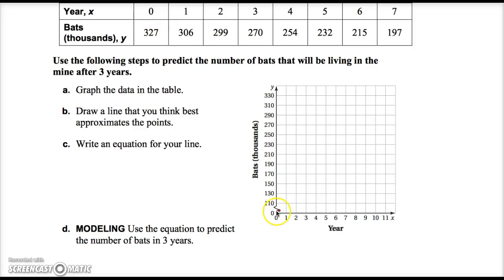So year 0, it's at 327, which is about right there. 1 year, it was at 306. 2 years was at 299. 3 years was at 270. 4 years was at 254. 5 years was at 232. 6 years was at 215.